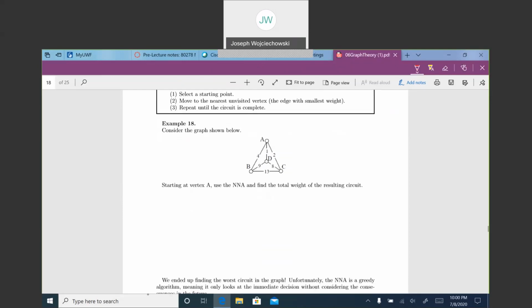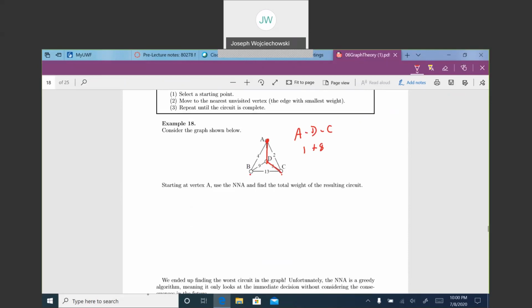So consider this graph here. Let's start with A, since it's right here at the top. I'm starting at A. I need to end at A. Where's my closest vertex? Well, that's D at 1. And go ahead and make a note down here. Now, I can go to B or I can go to C. Well, it appears that C is closer at 8. So C, and we're going to add 8.